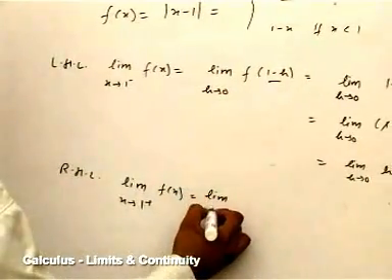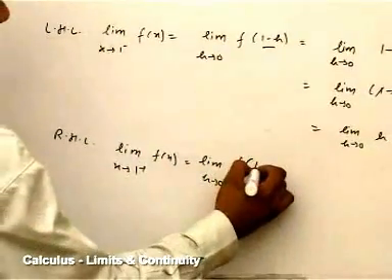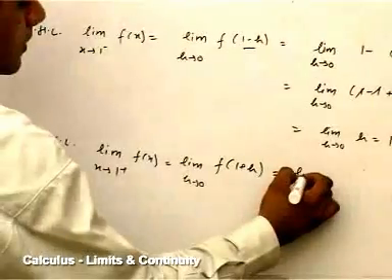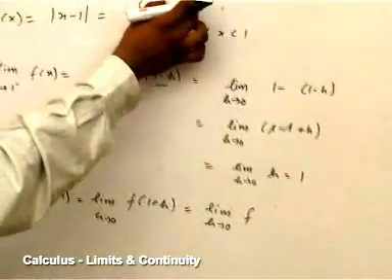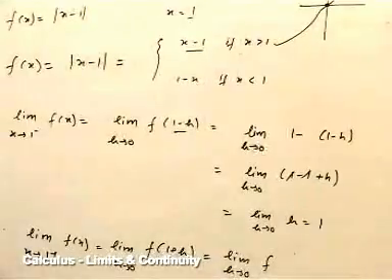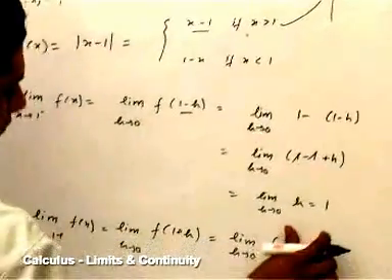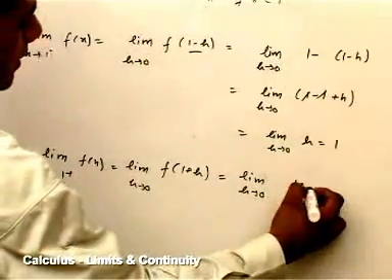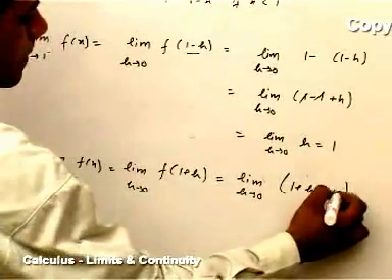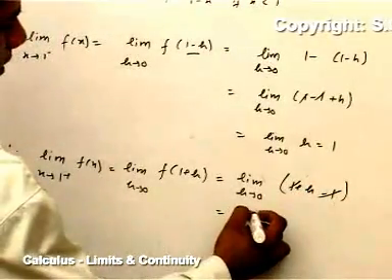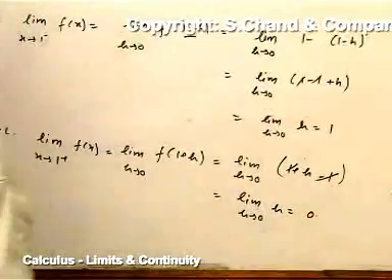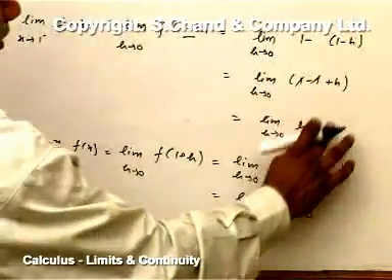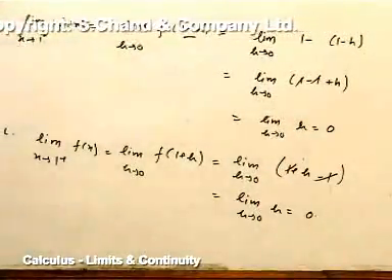Limit h tending to 0 f of 1 plus h. Now we will consider this case because x is slightly above. f of 1 plus h means 1 plus h minus 1. So that is limit h tending to 0 of h, that is 0. So this is again 0, both the times it has come out to be 0.